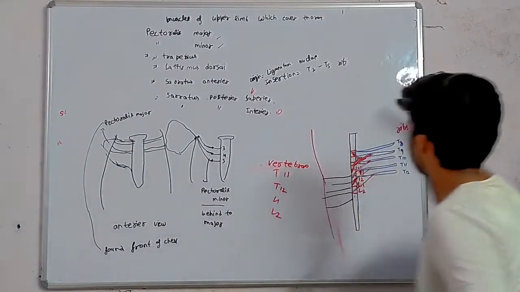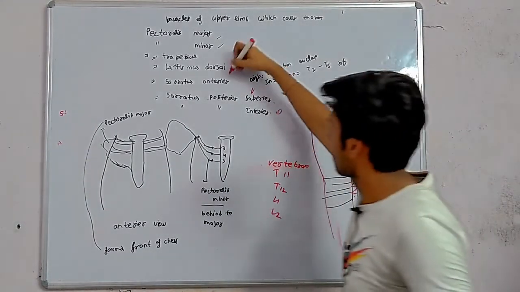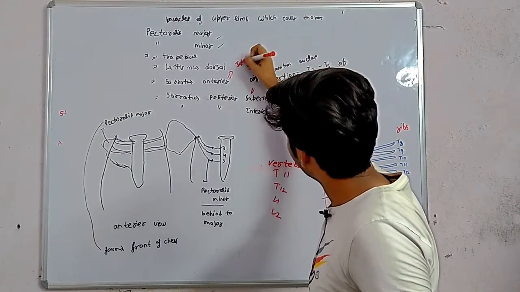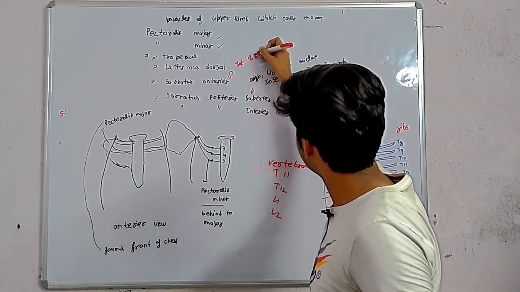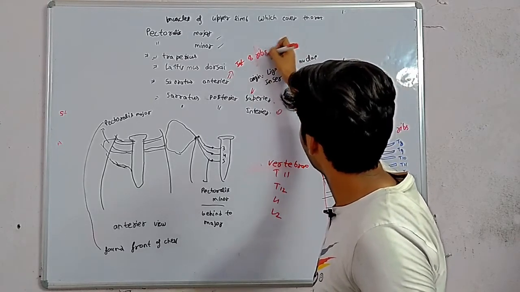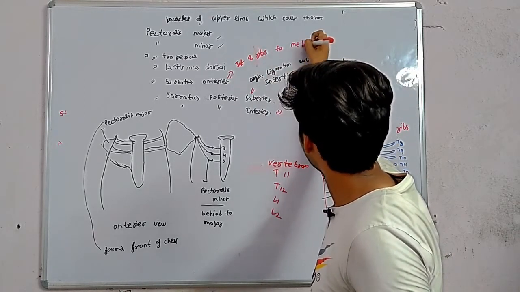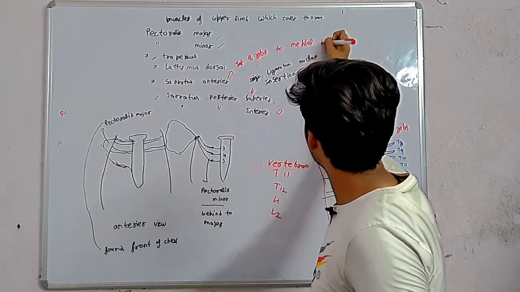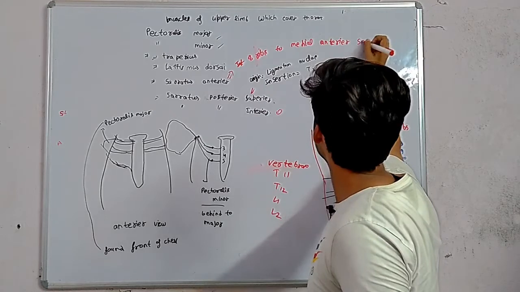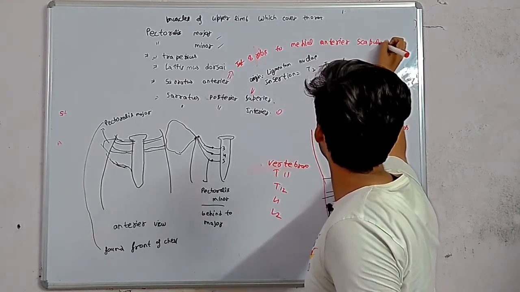Done. Write down serratus anterior: first 8 ribs to the medial, anterior scapular border.